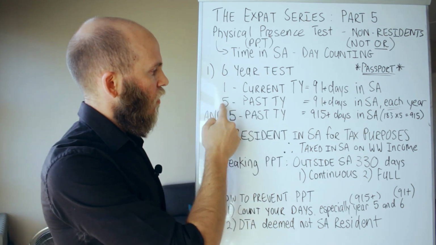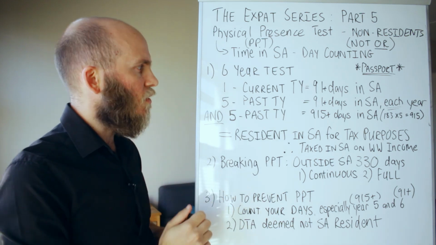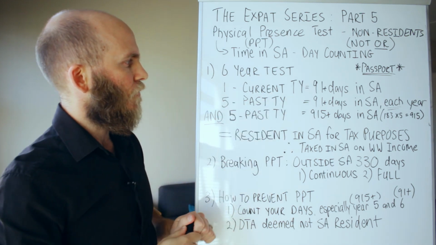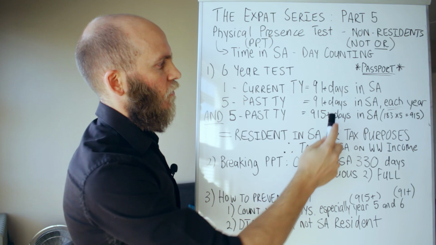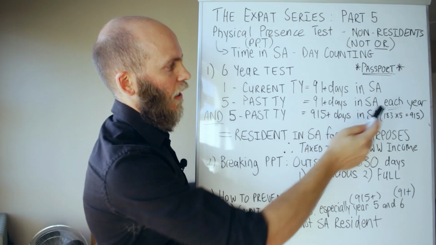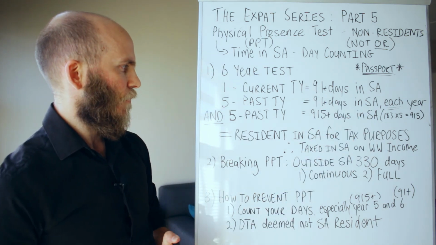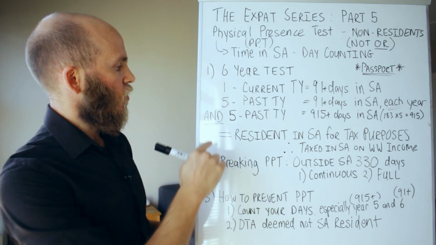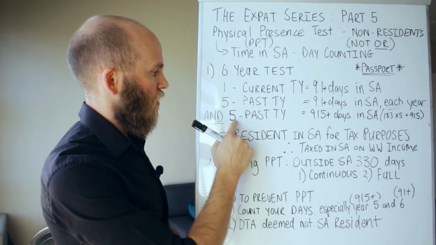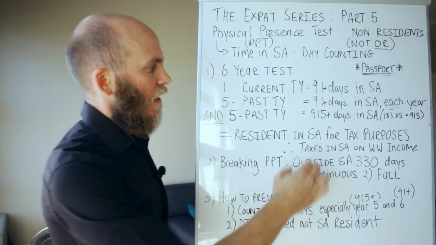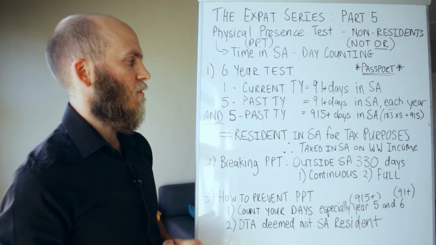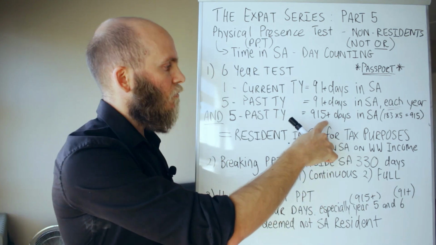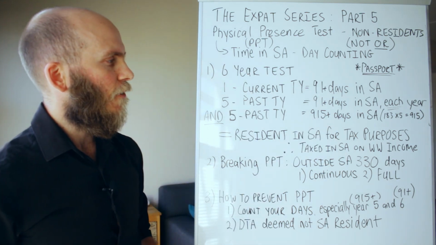And then for the past 5 tax years prior to this current tax year, also in each of those years, you have to do 91 days in South Africa. And also of those past 5 tax years, the total days inside South Africa must be more than 915 days.